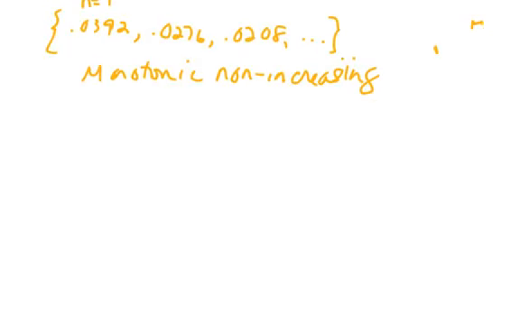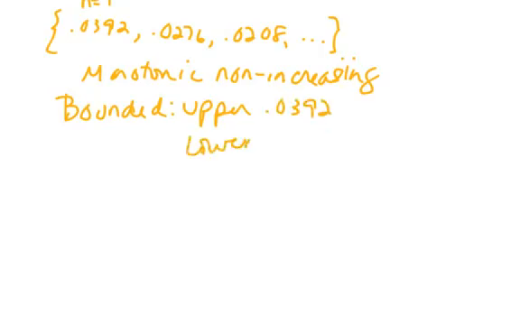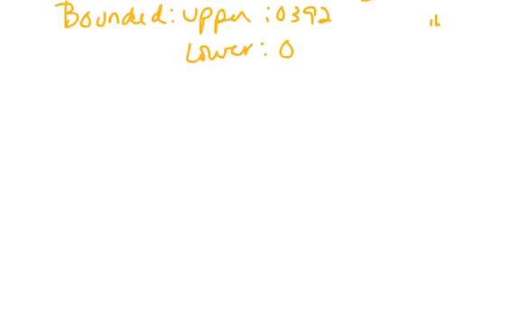So for n equals 1, this thing is bounded, and the upper bound would be 0.0392, and your lower bound is 0. So this is non-increasing. It is monotonic. It's a decreasing sequence. The other thing you might be interested in is when you graph this thing.